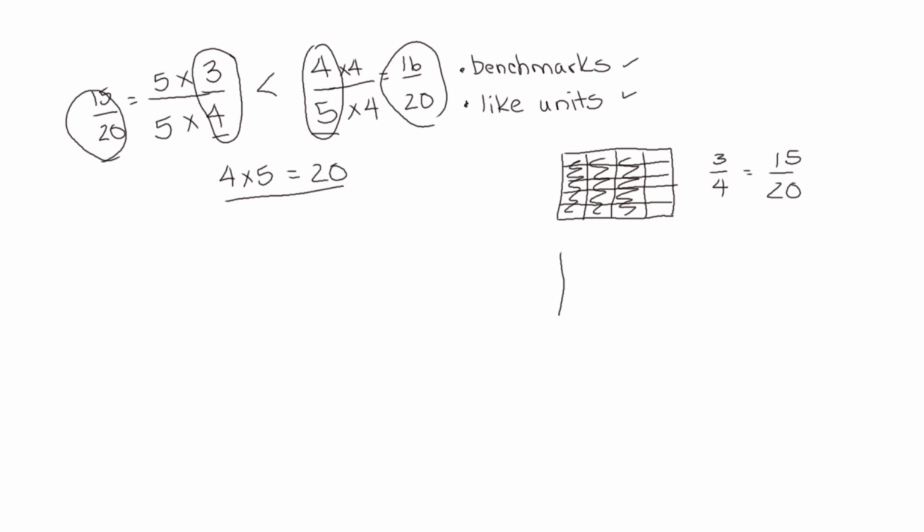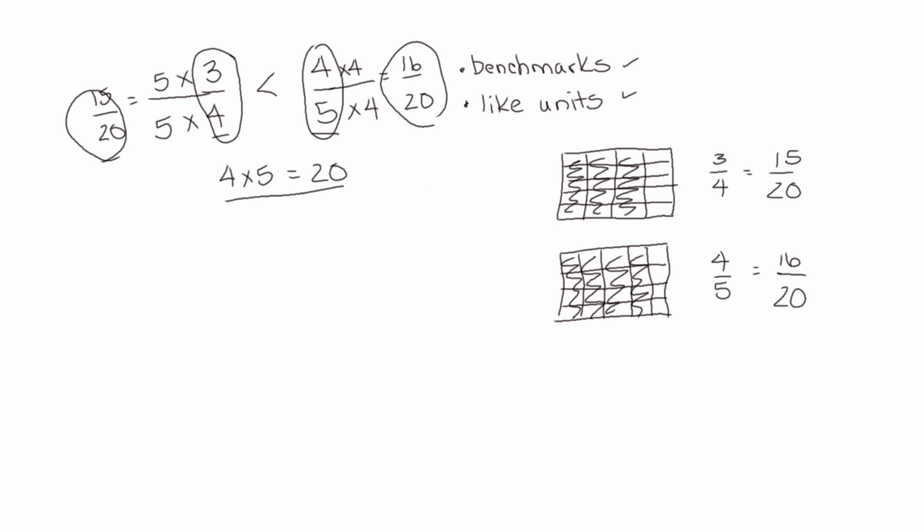Then if we look at the second fraction, it's originally 4/5. So we start with 4/5. And in order to get 20ths, we're going to need to divide this 4 more times. And so we end up with 20/20ths as our unit. And if we count, 16 of them are shaded.